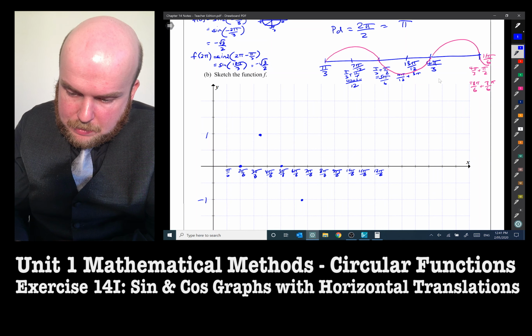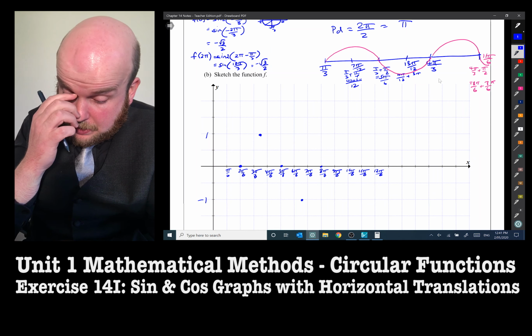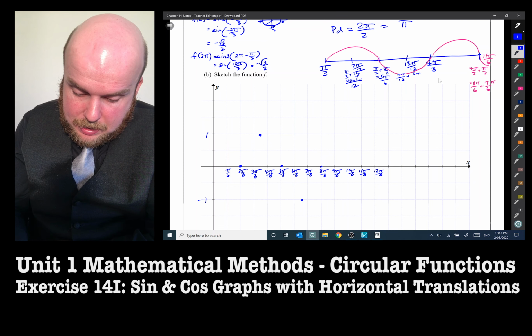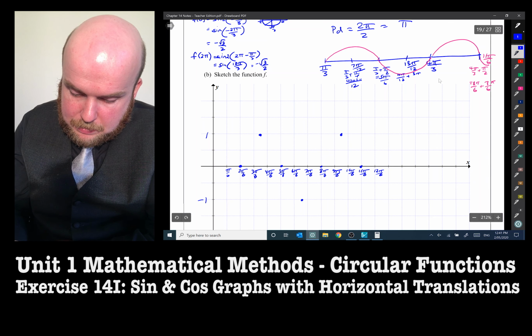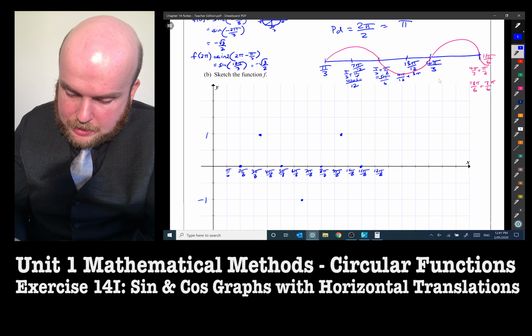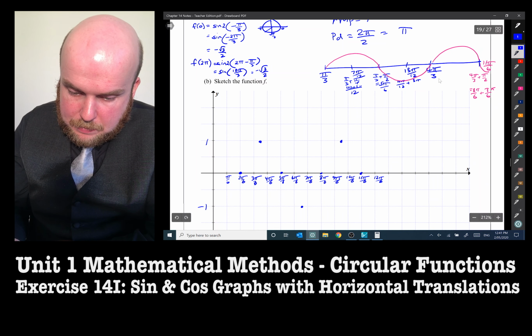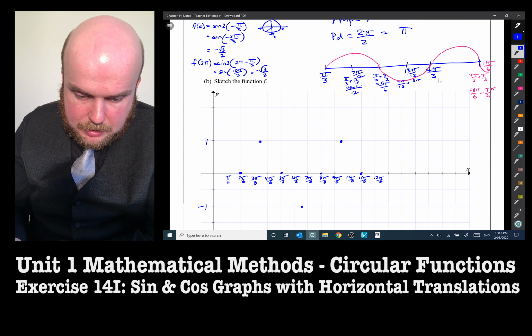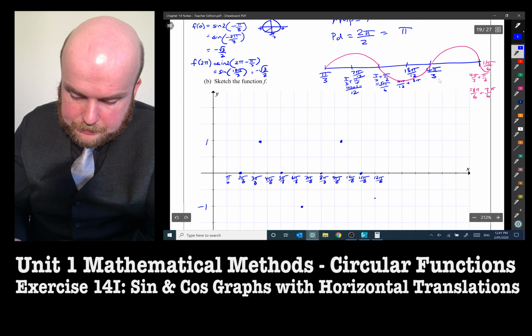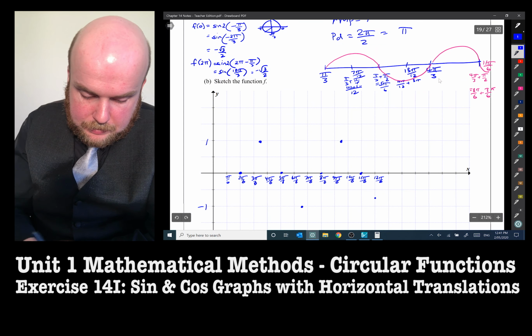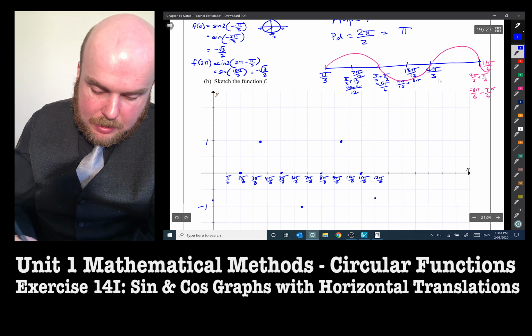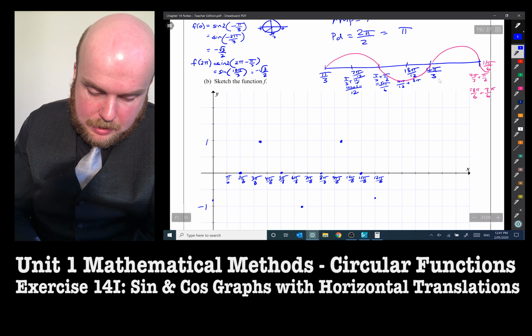And then it will return back to 4π/3, which is 8π/6. And then let's continue that pattern going. So that's going to be there, it's going to be here, and then it'll end about here. There.